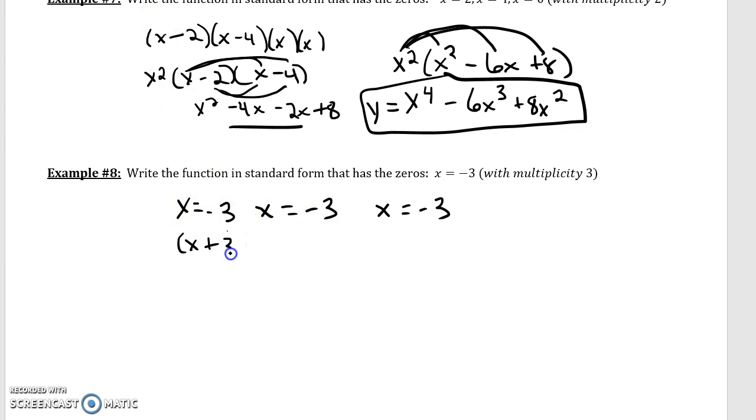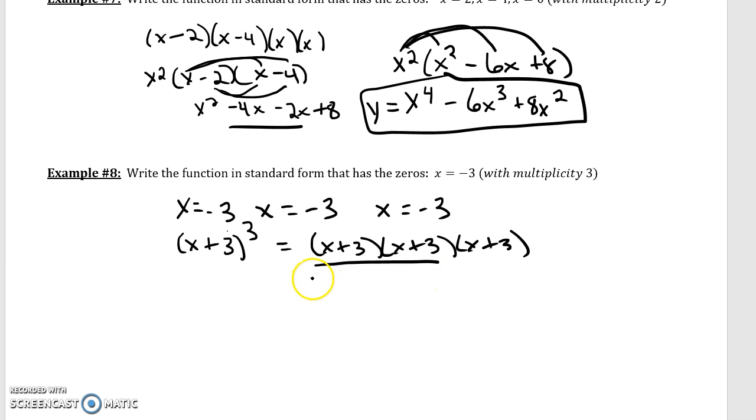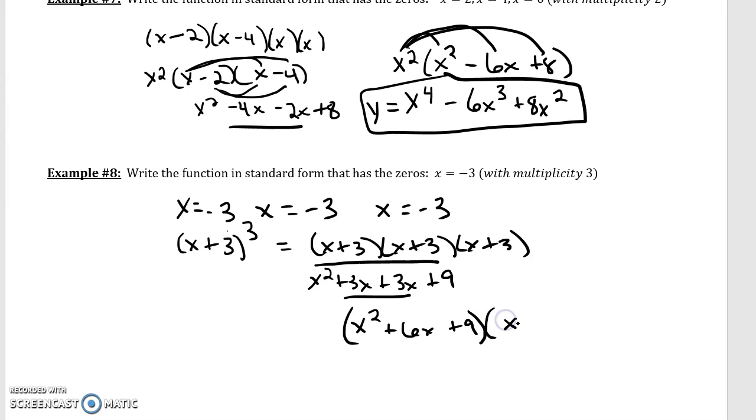You can tell me that x plus 3 to the 3rd power, x plus 3 times x plus 3 times x plus 3 is really what you should be doing. So go ahead and multiply those first. x squared plus 3x plus 3x plus 9. So x squared plus 6x plus 9. But you're not done because you still have to multiply that by x plus 3.